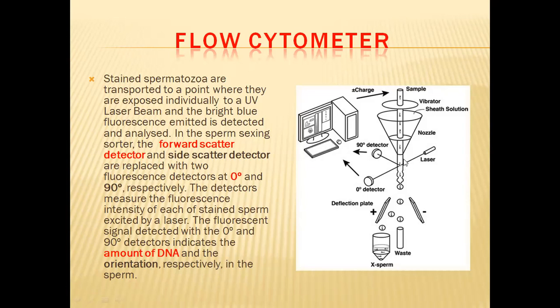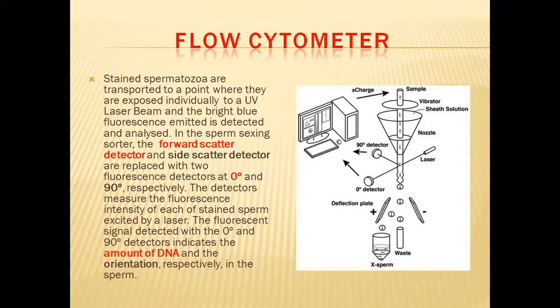And if the sperms are going straight, then they will be detected by this forward scatter detector. This forward scatter detector will be utilized for identifying the amount of DNA.